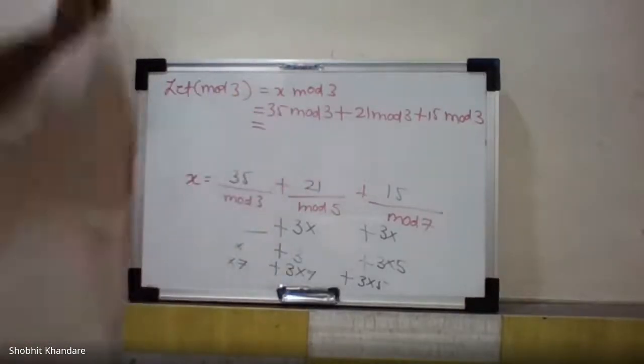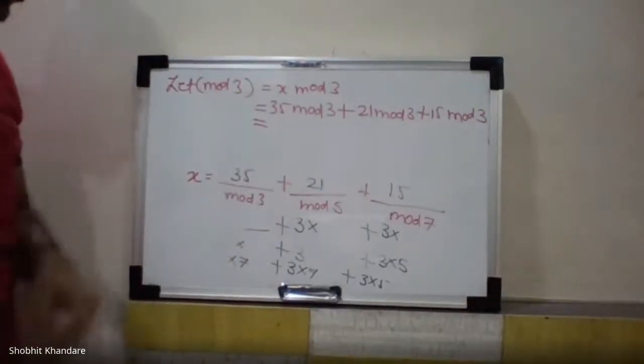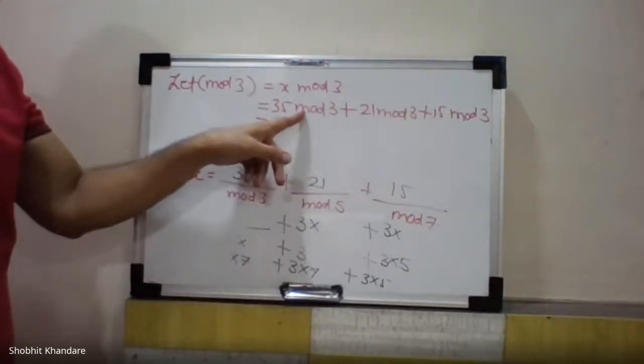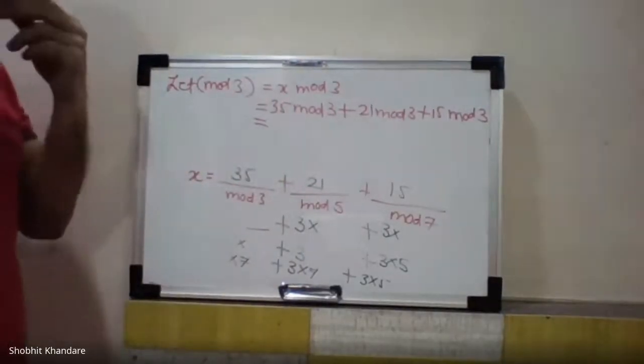अभी देखो क्या हो रहा है. प्लीज पे अटेंशन. 35 mod of 3. कोई बताओ मुझे क्या है इसका आंसर? 2.